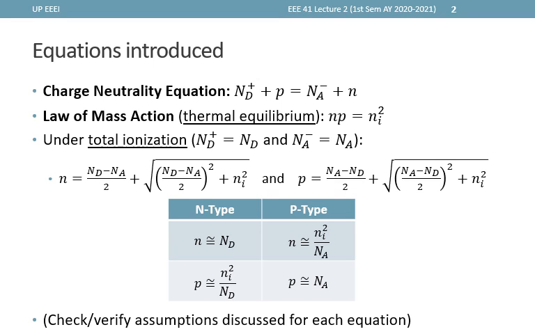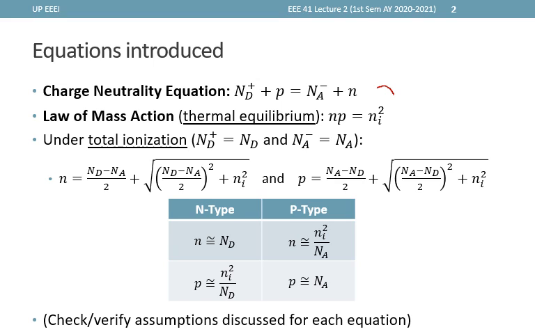So the number of positive charges must be equal to the negative charges, and therefore the semiconductor must be charge neutral. We also have the law of mass action, which states that np is equal to ni squared. However, this is only true for materials in thermal equilibrium.